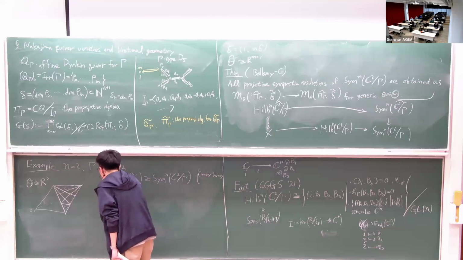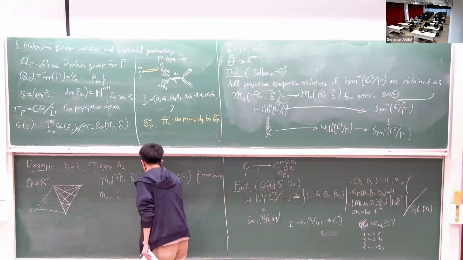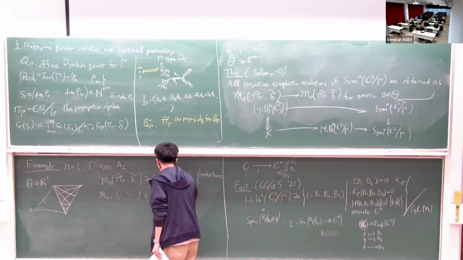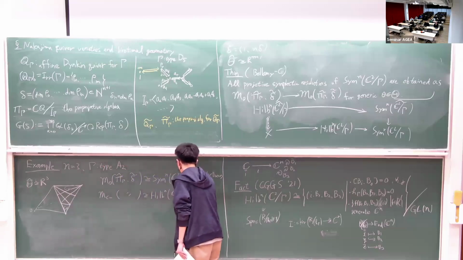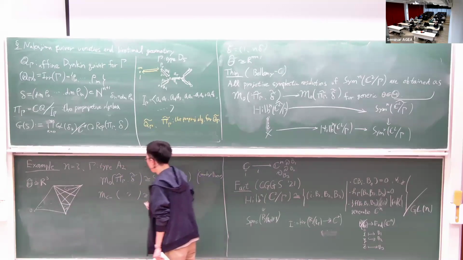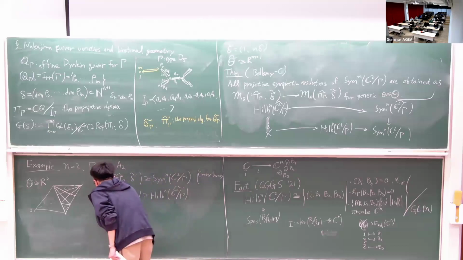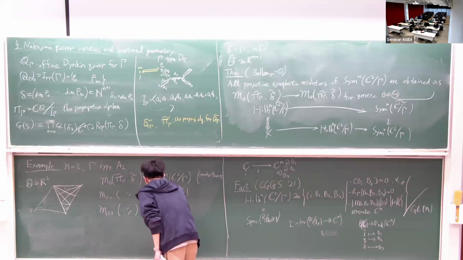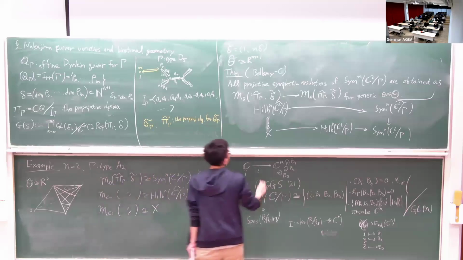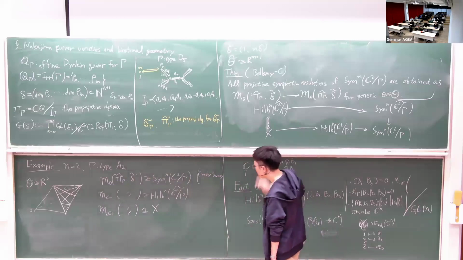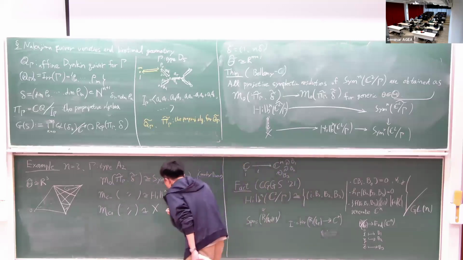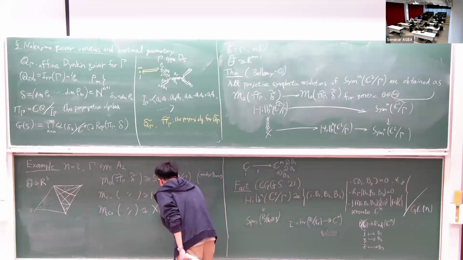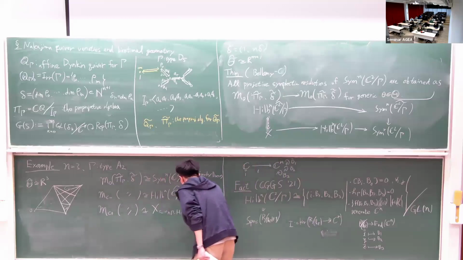In fact, the moduli space for C minus is isomorphic to the Hilbert scheme of n points on the minimal resolution of the A_n singularity, or type A2 singularity, and the moduli space for C plus is isomorphic to this resolution X. So this is usually called the N-gamma Hilbert scheme on C2.